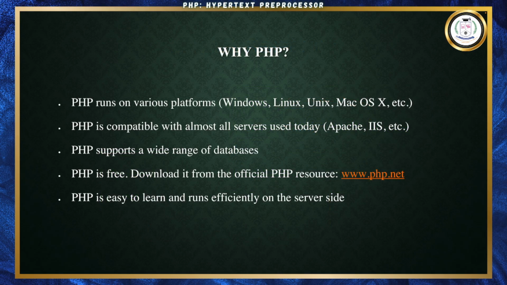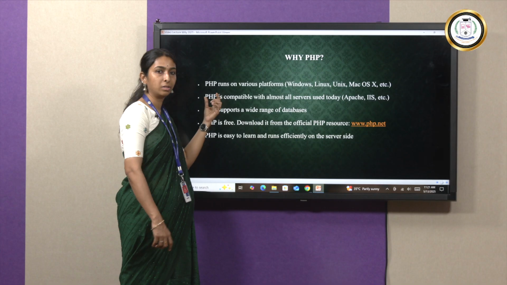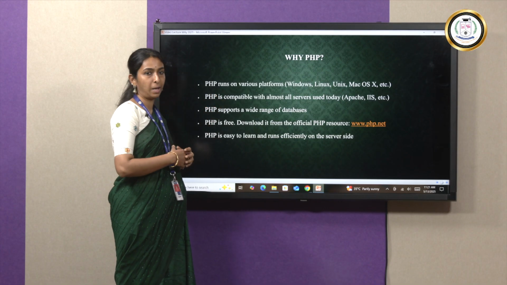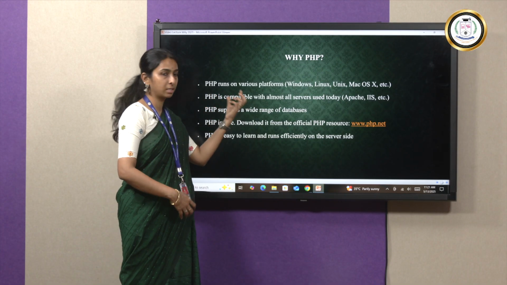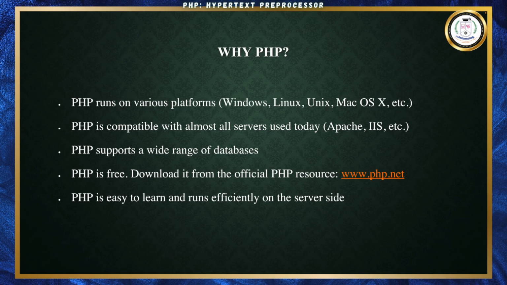So why PHP? PHP is basically used for fetching dynamic content from the server side, and PHP runs on various operating system platforms like Unix, Linux, Windows, Mac OS and so on. PHP is easily compatible with all sorts of servers like Apache server and IIS server. IIS is nothing but Internet Information Server.